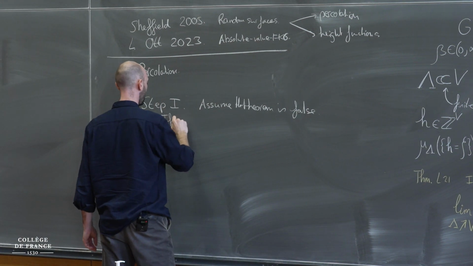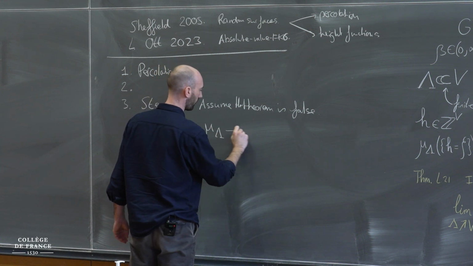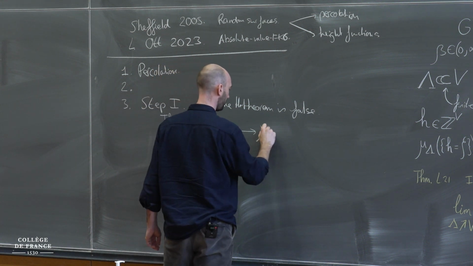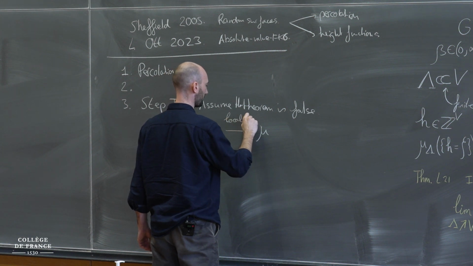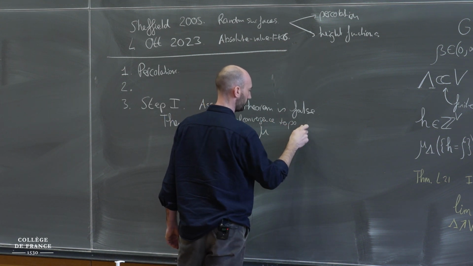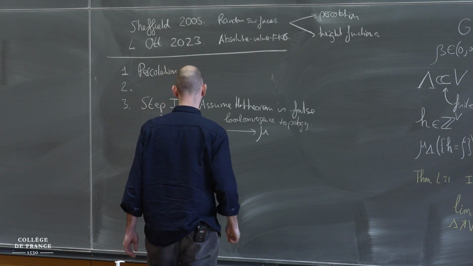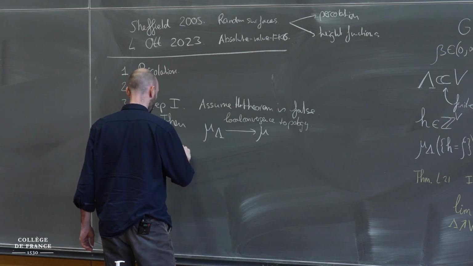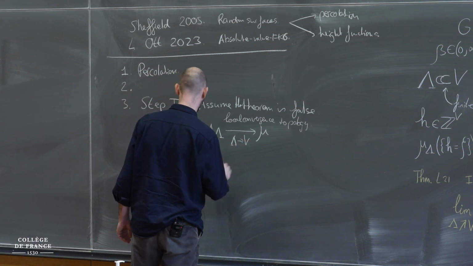Then these measures converge to some limit mu in the local convergence topology, as lambda becomes bigger and bigger.